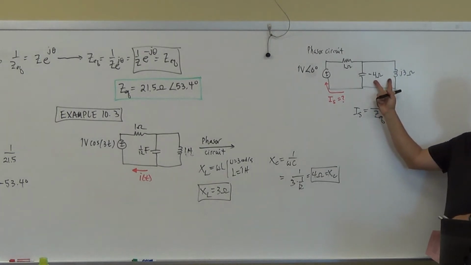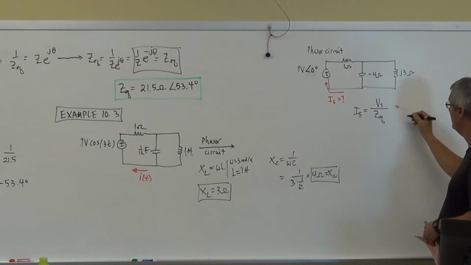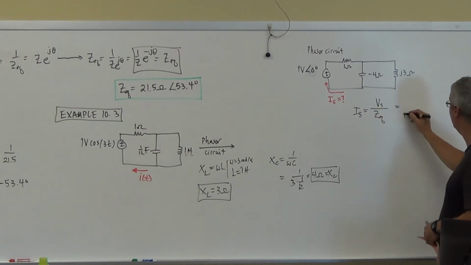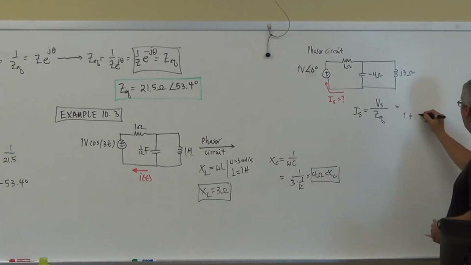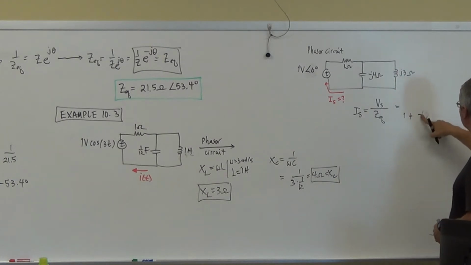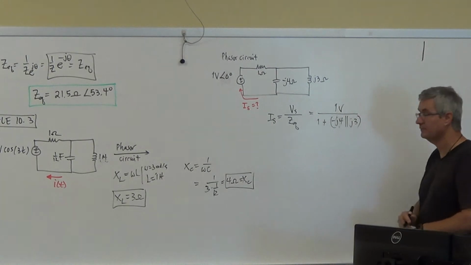So what am I going to do? This equivalence means that I have to sum these up. This is in series with these 2, so I'm going to write 1 plus these 2 in parallel, which will be minus 4J. Oops, I forgot the J on that one. So I get minus J4 parallel to J3, all over 1 volt.